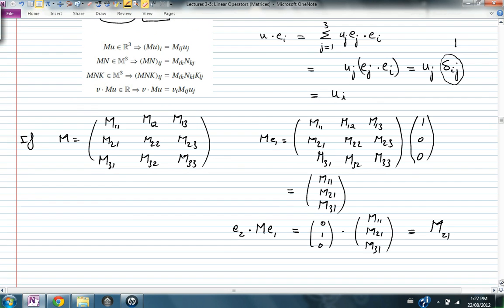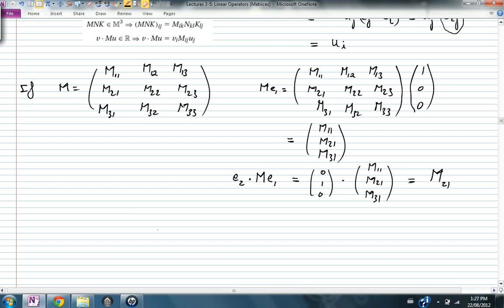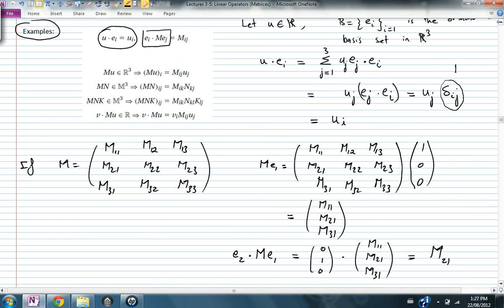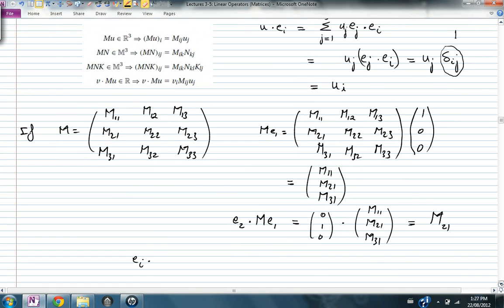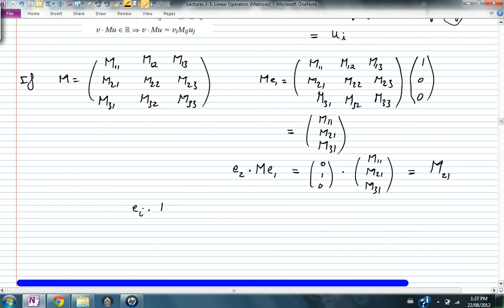And you can try this for all the other possibilities to find that e_i dot M e_j will give you the component on the ith row and the jth column of the matrix M.